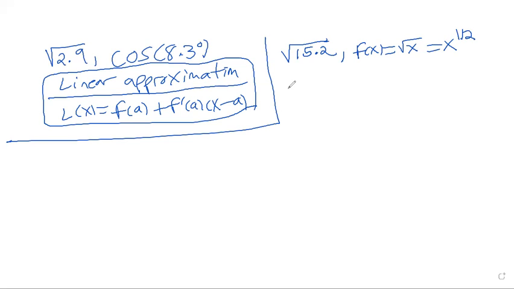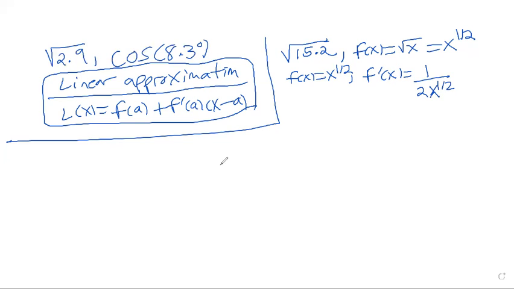So since we have f of x equals x to the 1/2 power, we have to find the first derivative. So f prime of x is going to be 1/2 times x to the negative 1/2 power, which we can just rewrite as 1/2 over x to the 1/2 power.